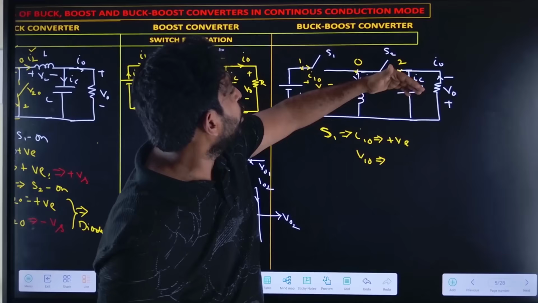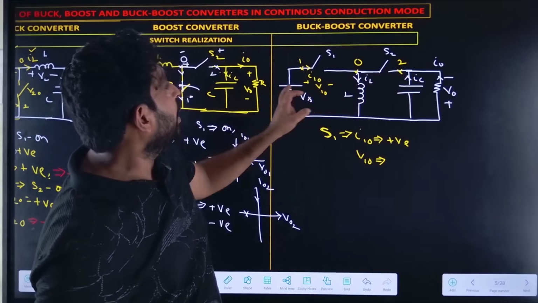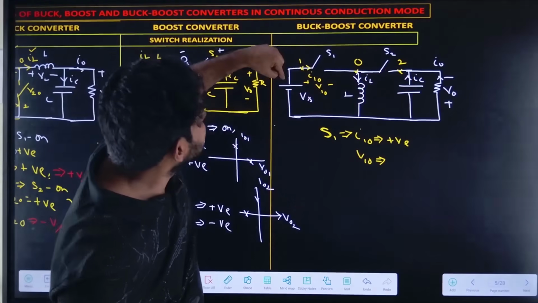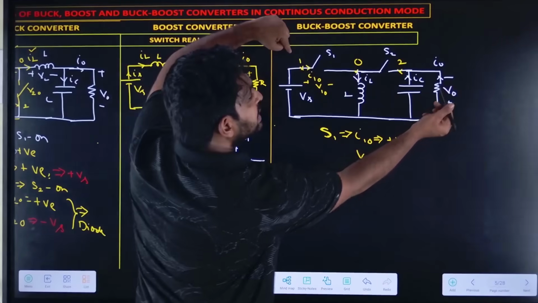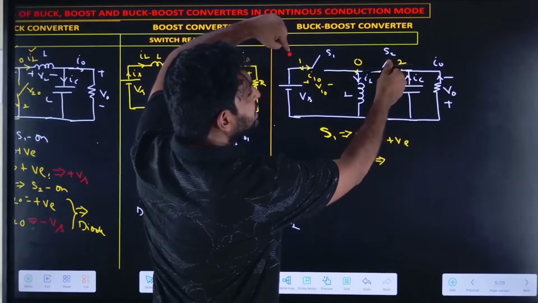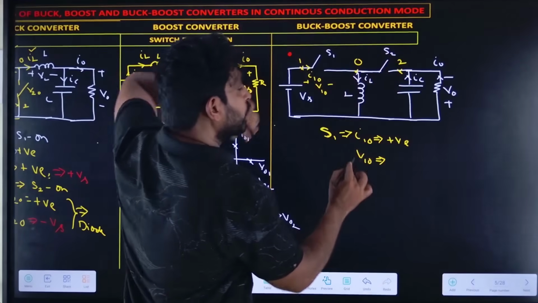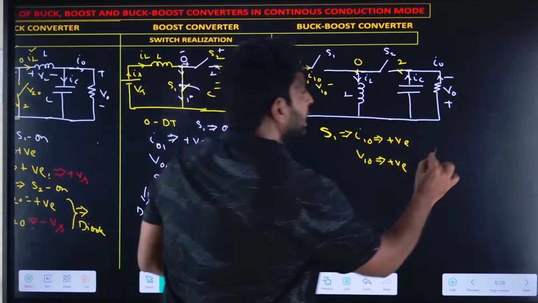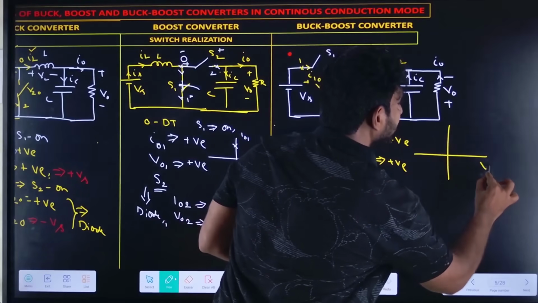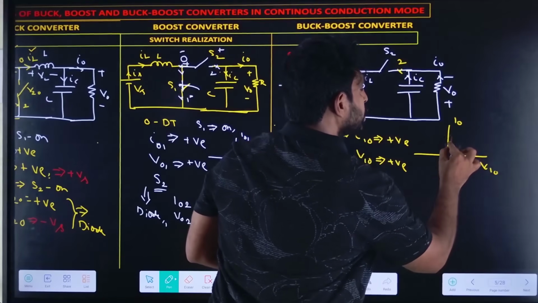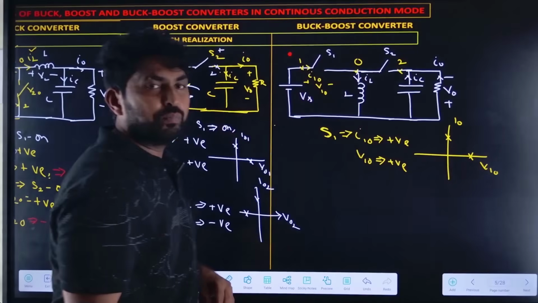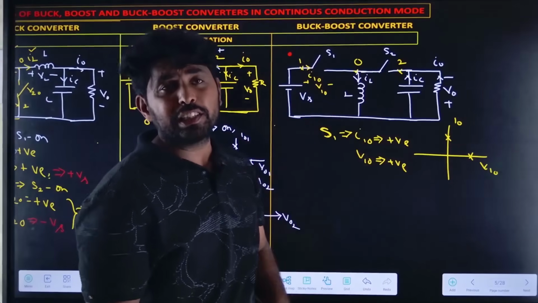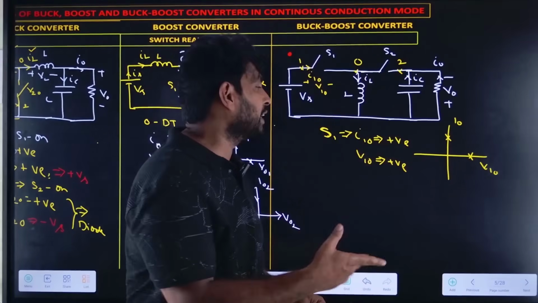If S2 is closed, minus is connected to O and 1 is connected to the positive, so V10 is positive. If I map the voltage and current, V10 and I10 are both positive, so S1 can be replaced with either a transistor or MOSFET or IGBT.